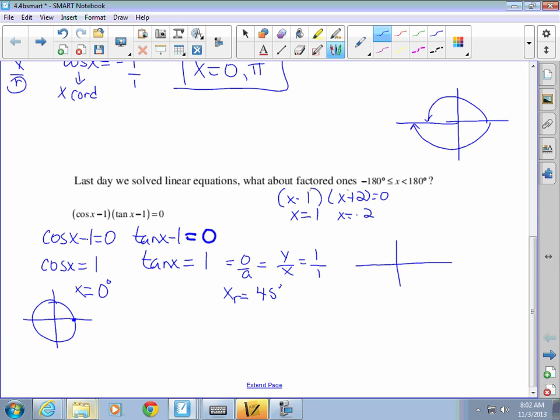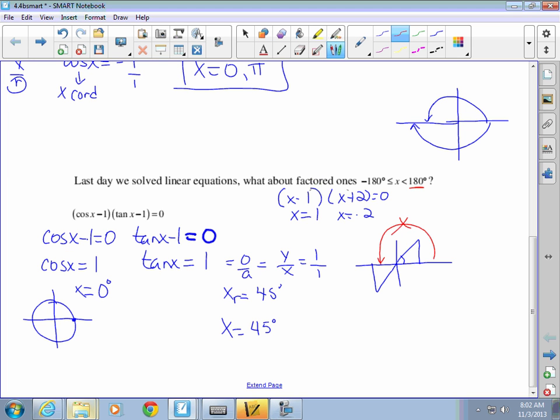So tangent is positive in quadrant 1, and it's positive in quadrant 3. So I know from quadrant 1, x is going to equal 45 degrees. In this quadrant here, because of my restriction, I can't go, I'll just do this in red, it's a no. I can't go in this direction, because that would put me at 180 plus a 45, which is above that.